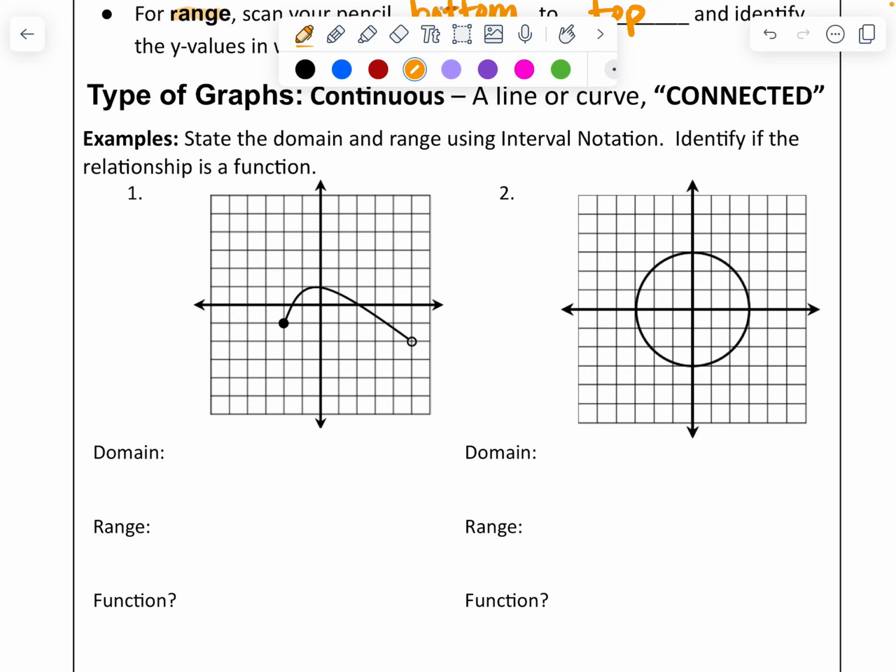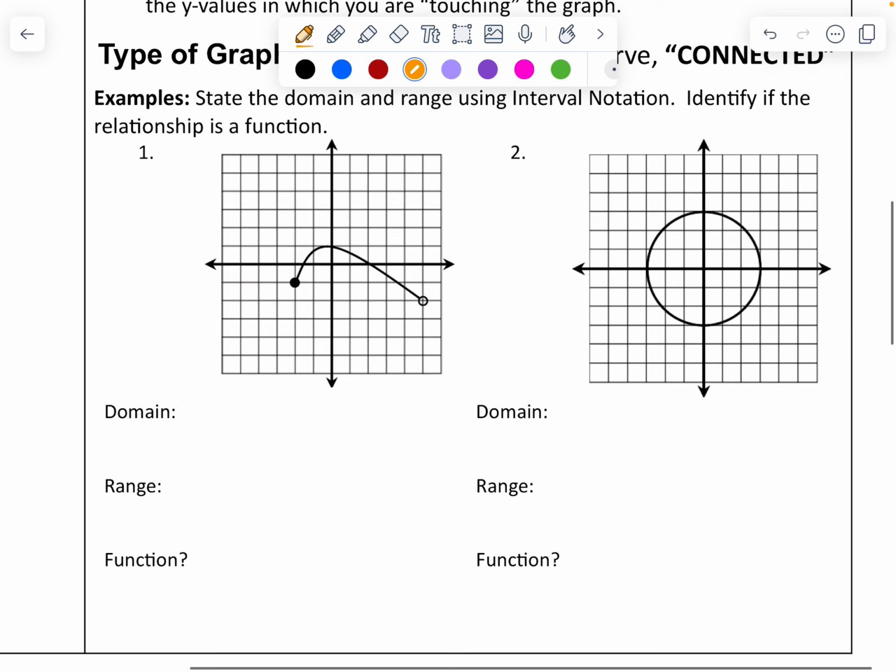So we're going to state the domain and range and decide whether this is a function or not. So number 1, the leftmost part of this graph, and we're looking at the domain, is right here. And the farthest right is here. And the very top of the graph is here, and the very bottom is here. Lowest point, highest point. It's not necessarily where the dot is. It's the highest point and the lowest point and the point farthest left and right.